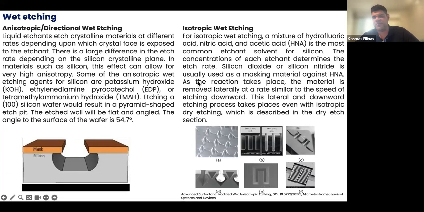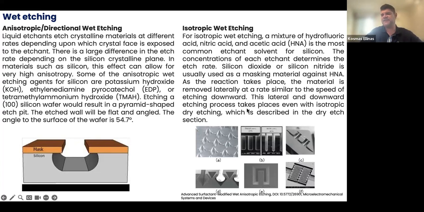Some of the wet etching agents for silicon are sodium hydroxide, EDP, TMAH, and of course, they do a directional etching resulting in a pyramid-shaped etch pit with a specific angle of 55 degrees, which follows the crystallinity of the silicon wafer.